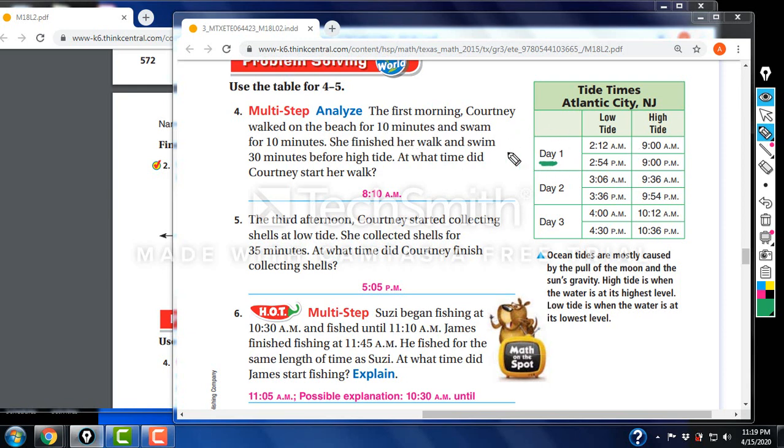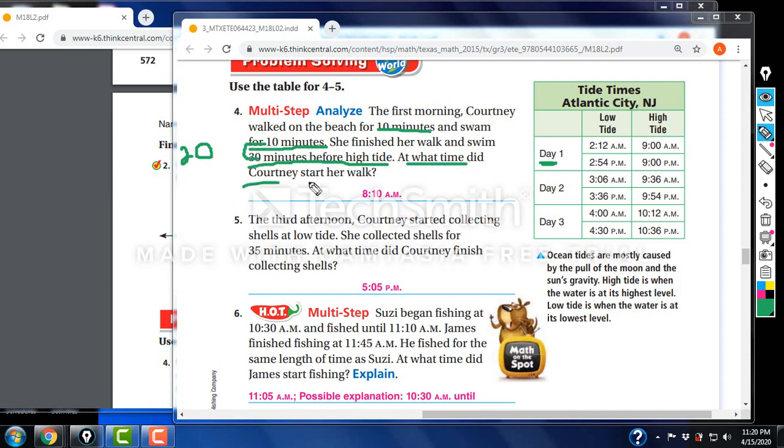Courtney walked on the beach for 10 minutes, and then she swam for 10 minutes. So what's the total? That's 20 minutes where she did these two activities. So she finished her walk and swim 30 minutes before high tide.